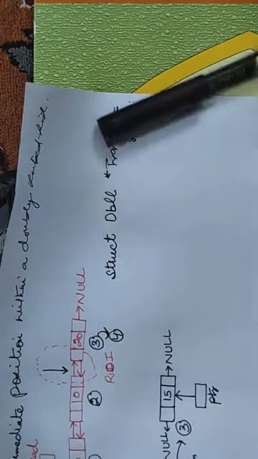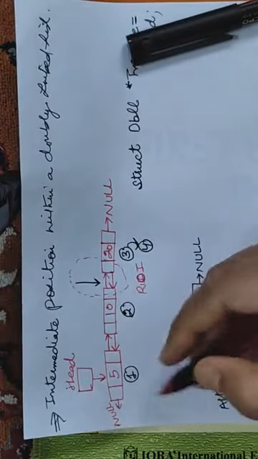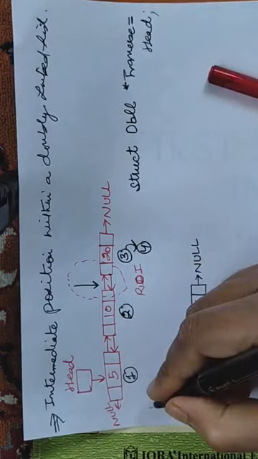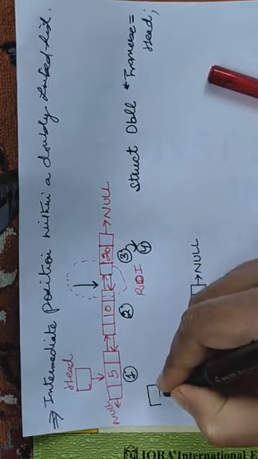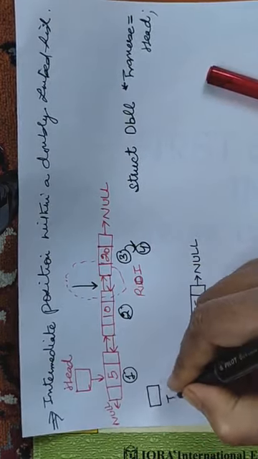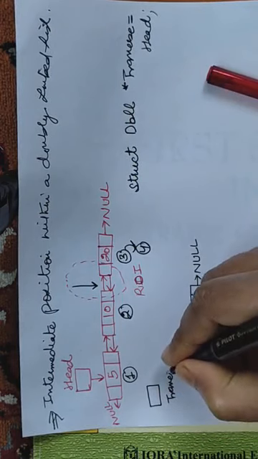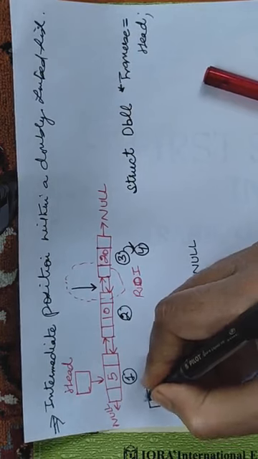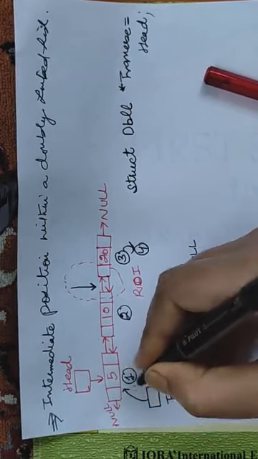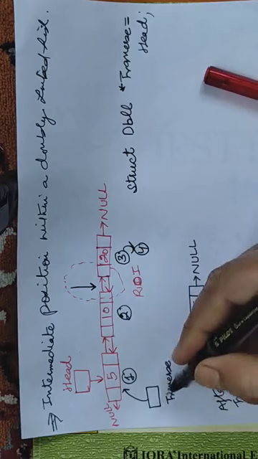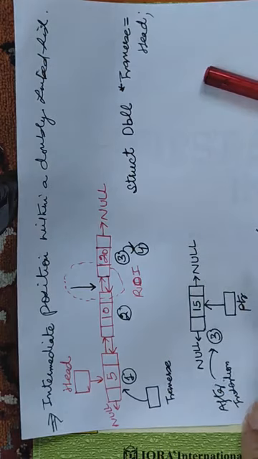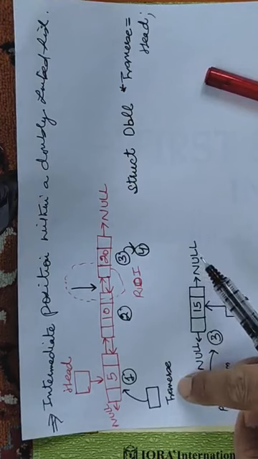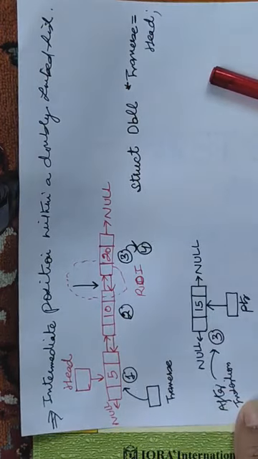So this means we create another pointer which we name as traverse. This is traverse and it also points to node number 1. Like head points to node number 1, this traverse will also point to node number 1. So now we will use this traverse pointer to traverse from this position to this position.